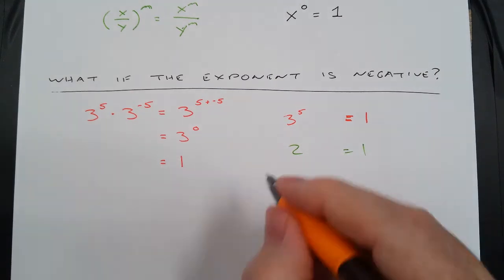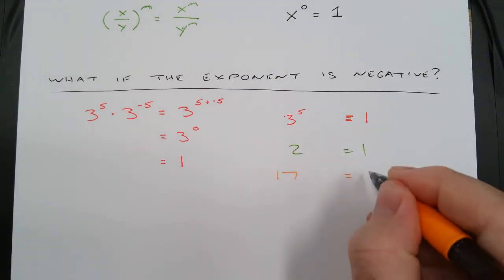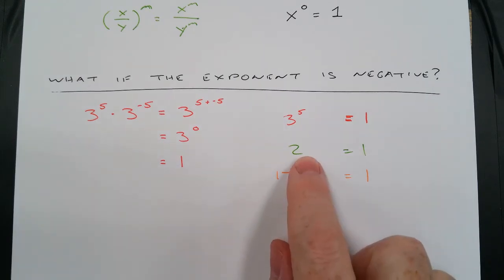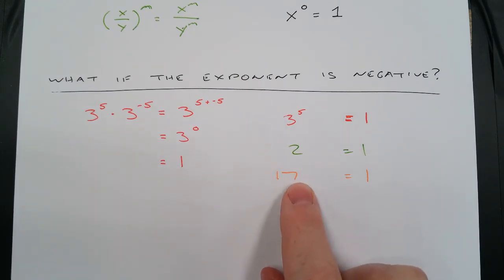How do we turn a 17 into a 1? How does anything get turned into a 1? What is a rule that we can use to turn it into a 1? Now, it has to be kind of the same rule. You cannot just say, just do minus 1, just do minus 16. We need a rule that follows the same pattern for all of them.